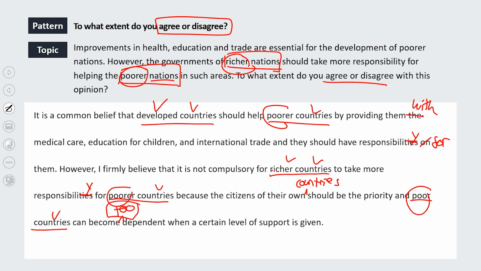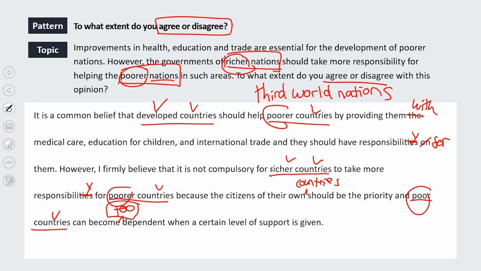So whoever wrote this introduction needs to work more on their paraphrasing and synonyms and come up with more ways to say poor. You can say less developed, economically less developed, or third world nations, which is a high-level paraphrase. If you don't know what third world nation means, it means the economically less developed countries. Using that would be quite a high-level paraphrase that would increase your vocabulary score.